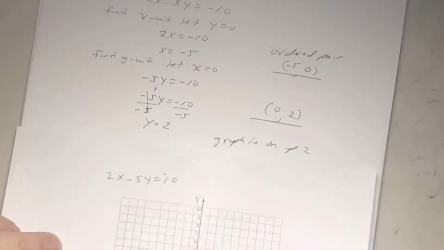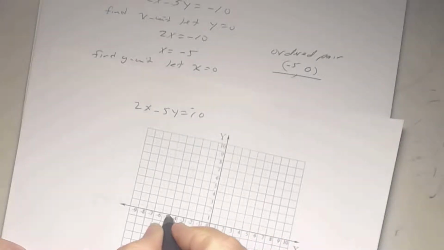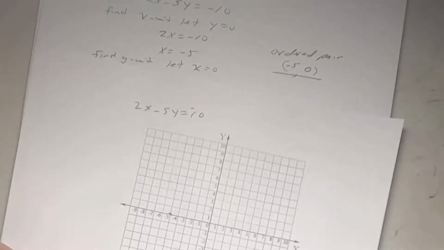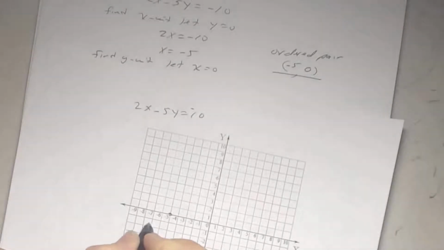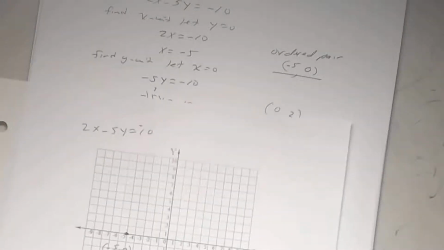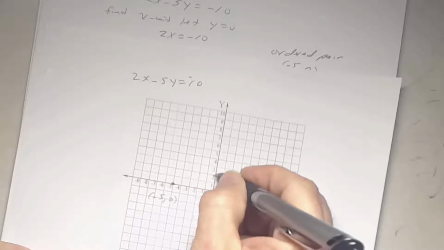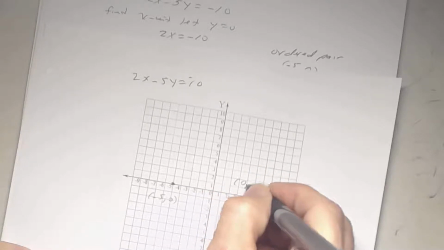All right, so then you would plot those 2 points. So you plot the point -5, 0, which is here. That's the x-intercept. And if it says label, what must you do? And it does say label in your worksheet. So what do you do? Put the ordered pair there. So you're going to say -5, 0, just like this. And then the y-intercept is 0, 2. So that's on the positive y-axis. And label.